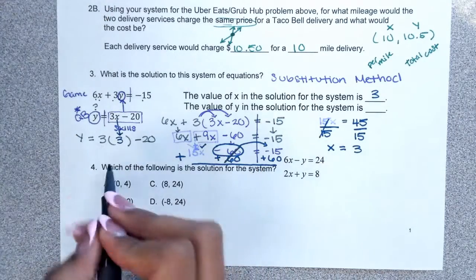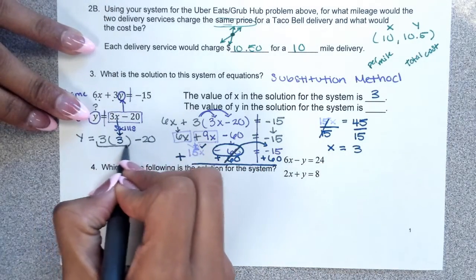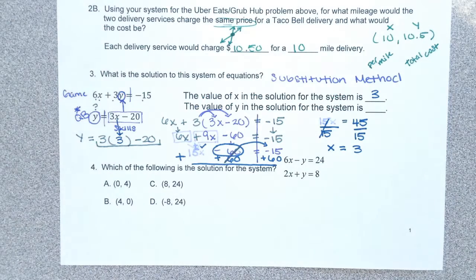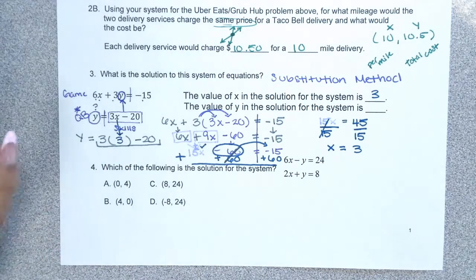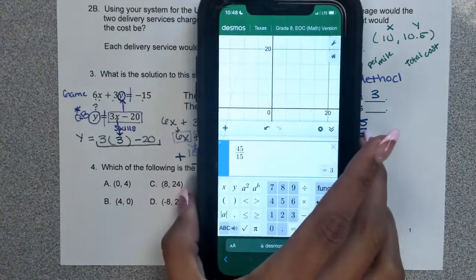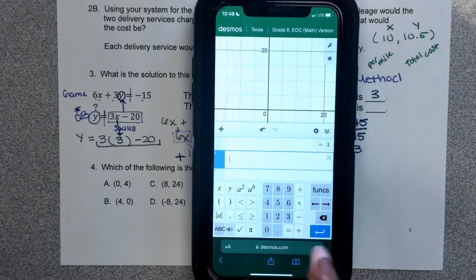So now all I have to do is type this part into Desmos, and it should give me my answer to what y is.